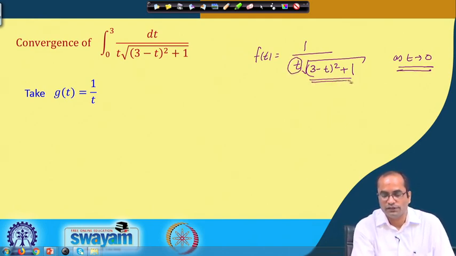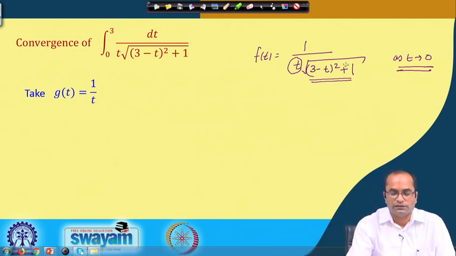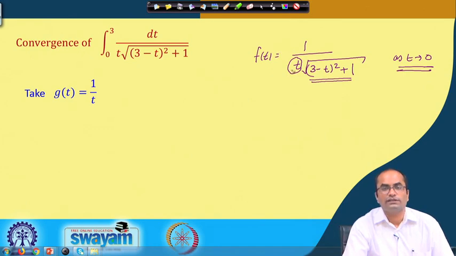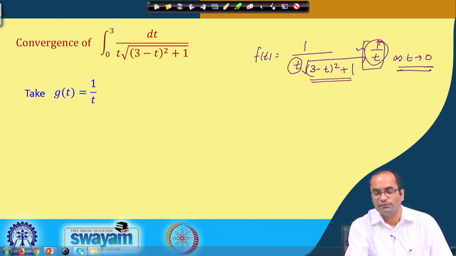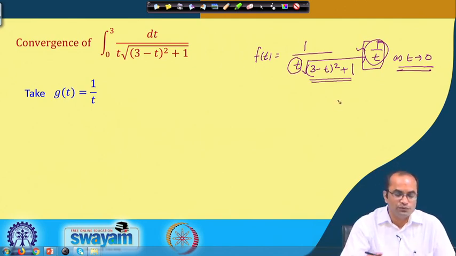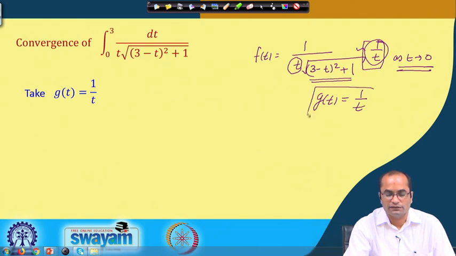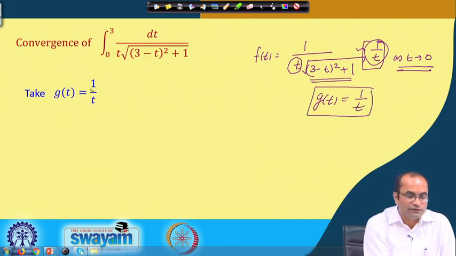There is absolutely no issue with the square root; when t approaches 0 it is bounded. So this function is getting unbounded because of the 1 over t, which means the behavior when t approaches 0 is set by 1 over t. So we choose g(t) as 1 over t.